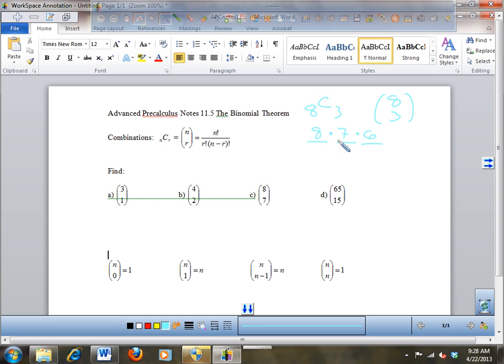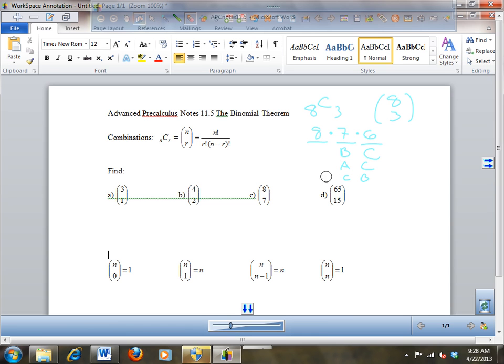But because the order is not important, there are 3 factorial ways to arrange these people. Say I chose person A for this spot, person B for that spot, and person C for that spot. I could also have B in this spot, A in this spot, and C in this spot, or A here, C here, and B here, and so on.